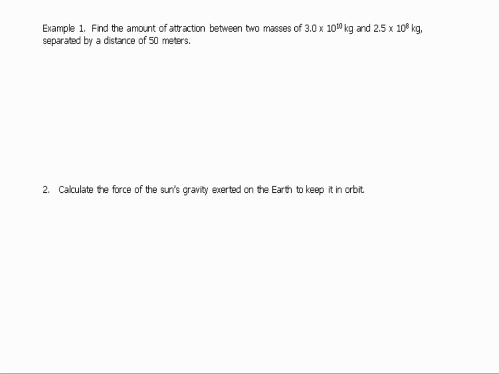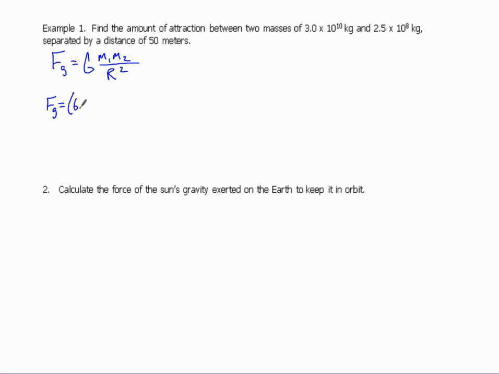So on the next page, example 1: find the amount of attraction between two masses of 3 times 10 to the 10th kilograms and 2.5 times 10 to the 8th kilograms, separated by a distance of 50 meters. So let's start by writing our formula here. Force of gravity equals the gravitational constant times the mass of object 1 times the mass of object 2 divided by the square of the distance between them.